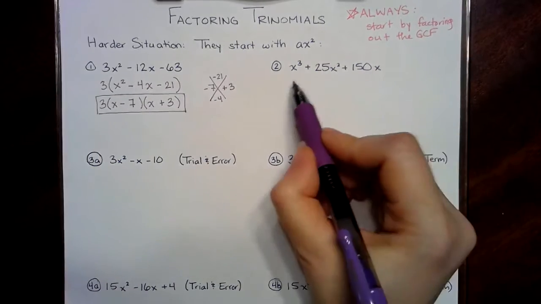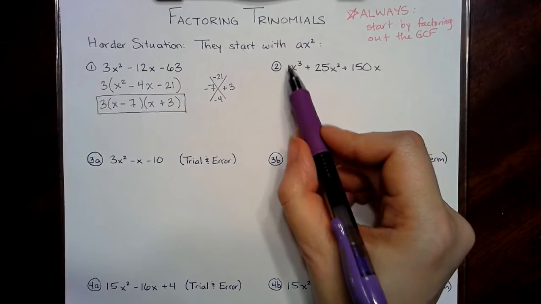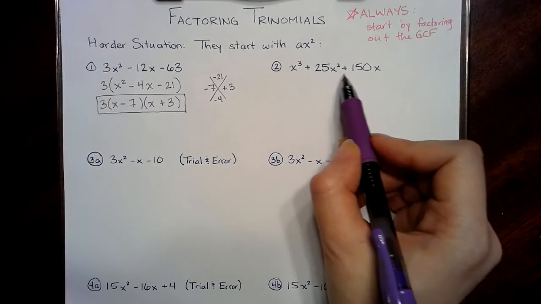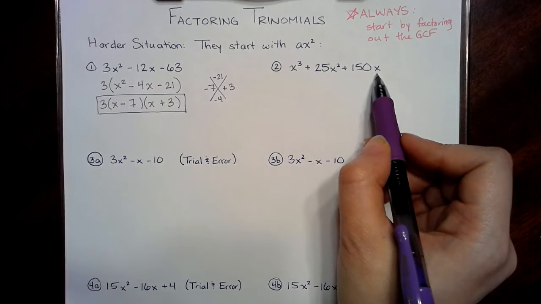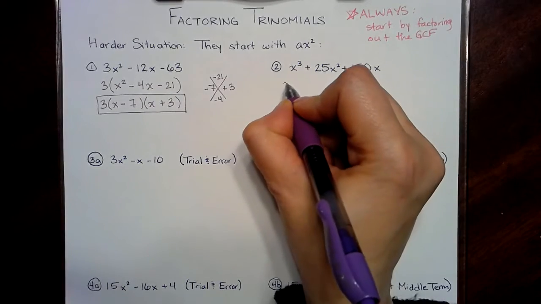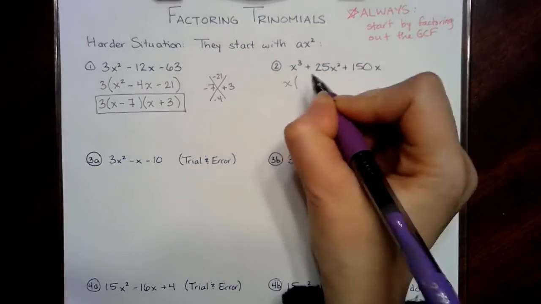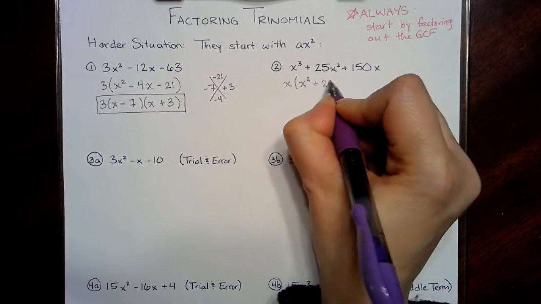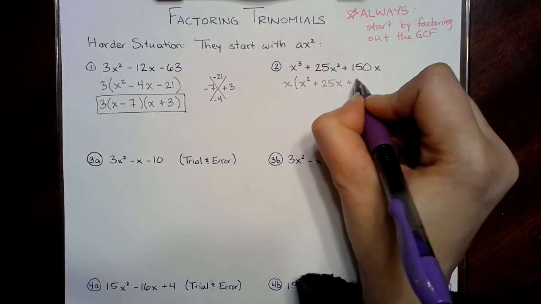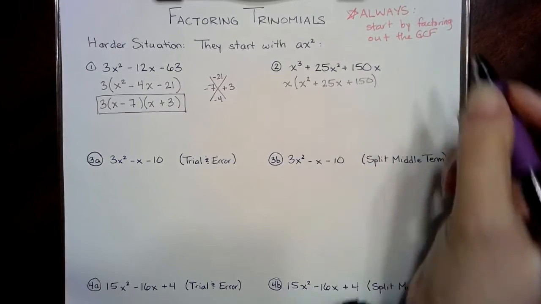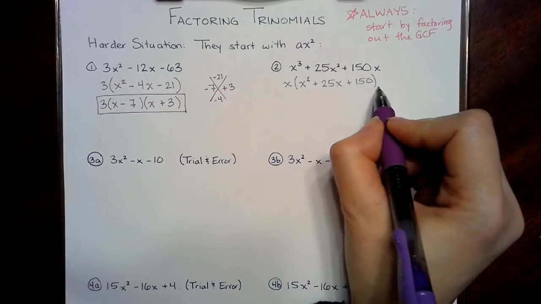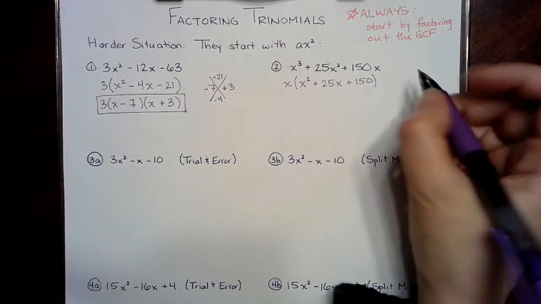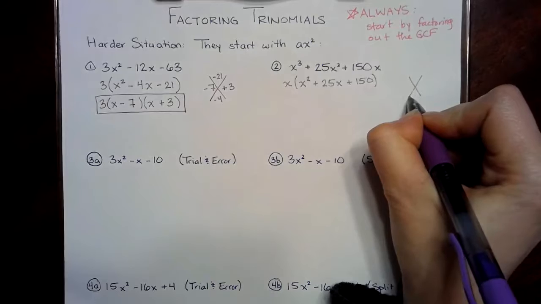I can use this same technique, even though there isn't a number out front. This looks like x cubed, but if I notice that there's an x in every term, I can do that same thing and factor out just an x. Now I see here, I have this same situation where I'm starting with just a plain x squared.